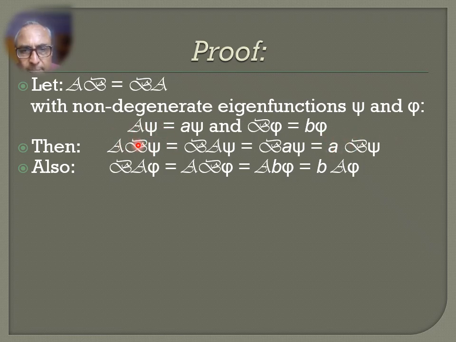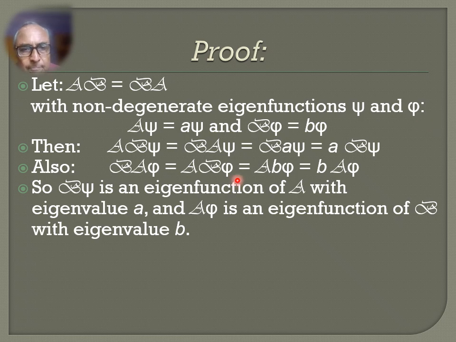In other words, B psi is an eigenfunction of A with the same eigenvalue small a. Likewise, from the second equation, B operates on A phi to give small b times A phi. That means A phi is an eigenfunction of B with the same eigenvalue small b as phi itself.